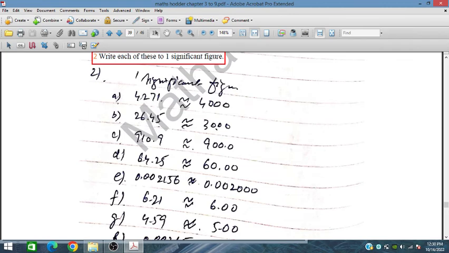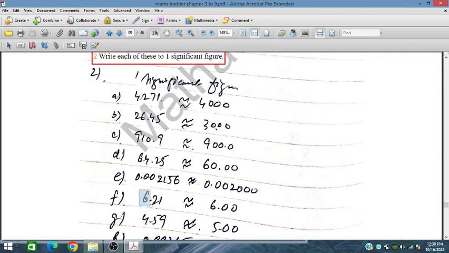This is 30,000. This is 900. This is 60. This is 0.002. This one is the significant. The first non-zero important number is a significant figure.